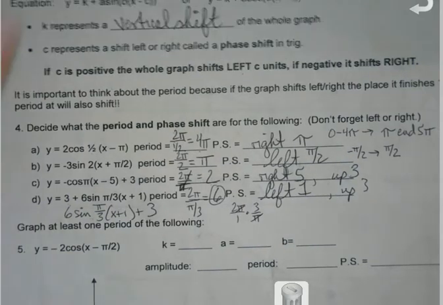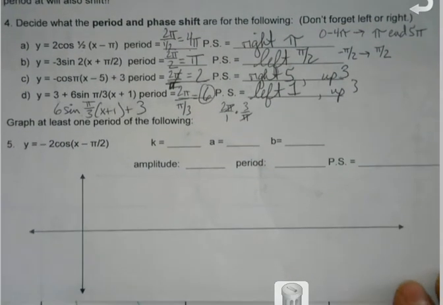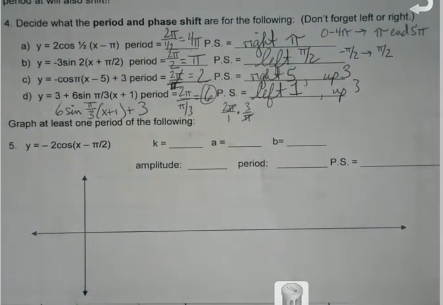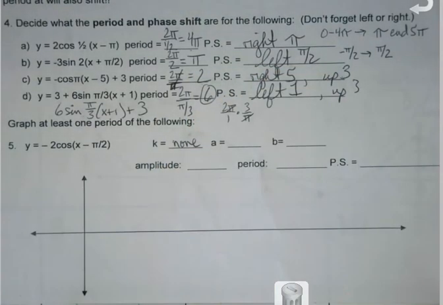Whew. So now we're going to start blending this stuff together. I actually start drawing some pictures here. So let's see what we got to work with here. K value this time. Do I have any up or down shift? No. No up or down shift this time.